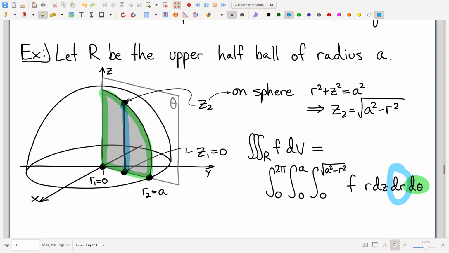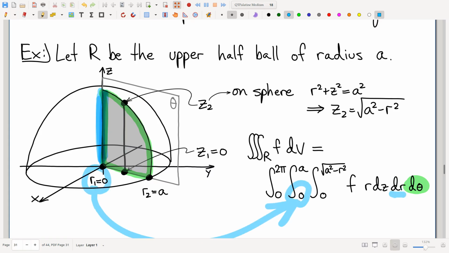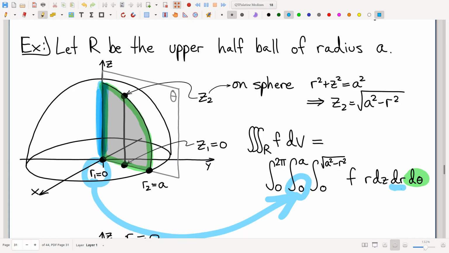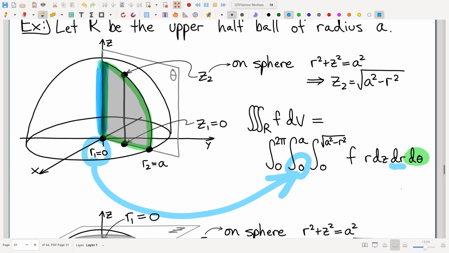So that's what an r slice looks like. And again, we can think about first and last. The first r slice is over here, where r is immediately seen to be 0. Is everybody happy with that? Our upper bound for r, our last r slice, think about how these r slices move around. The last one's going to be there.